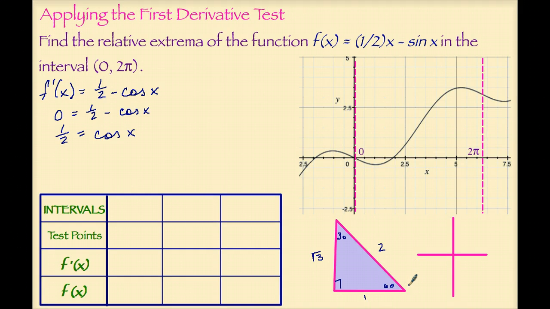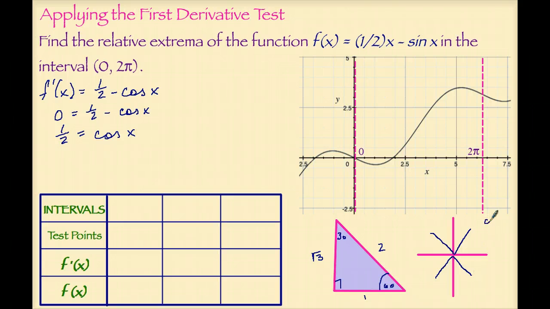Cosine is adjacent over hypotenuse. The 60-degree angle has a cosine, adjacent over hypotenuse, of 1/2. Now, there are two places in the interval from 0 to 2 pi that have a positive cosine. Remember, we have the 60-degree reference angle here, we have it here, here, and here.